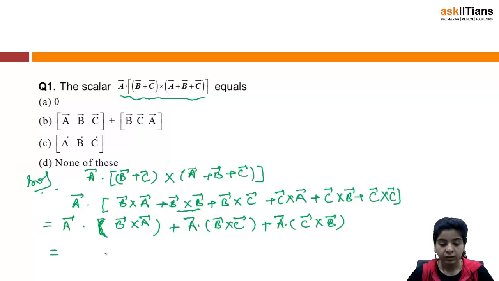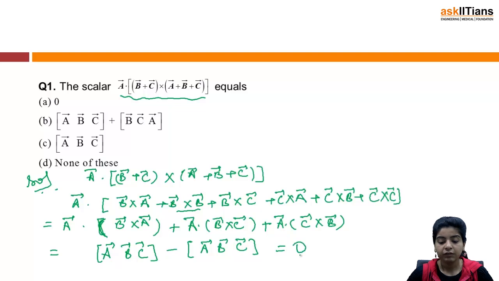Now this is equal to the scalar triple product A, B, C minus A, B, C, because A dot B cross A will also become 0, A dot B cross C is the scalar triple product ABC, and A dot C cross B becomes minus ABC.